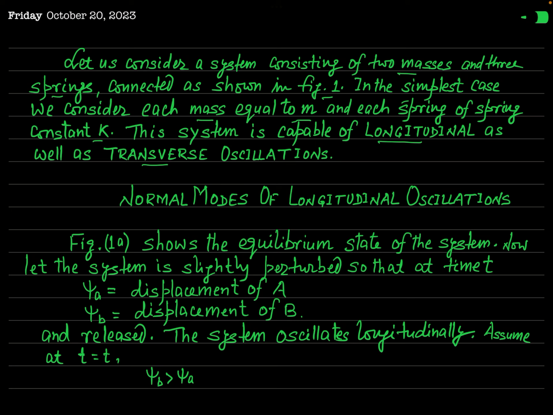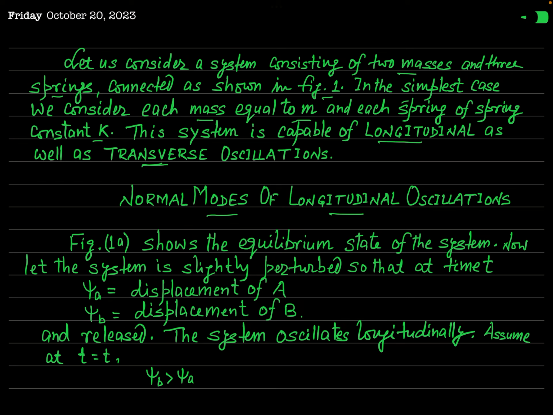These two types of oscillation will take place in this case. As I have told you, in this present lecture we are going to discuss the normal modes of longitudinal oscillation only. In the second lecture, we will see the normal modes of transverse oscillation.